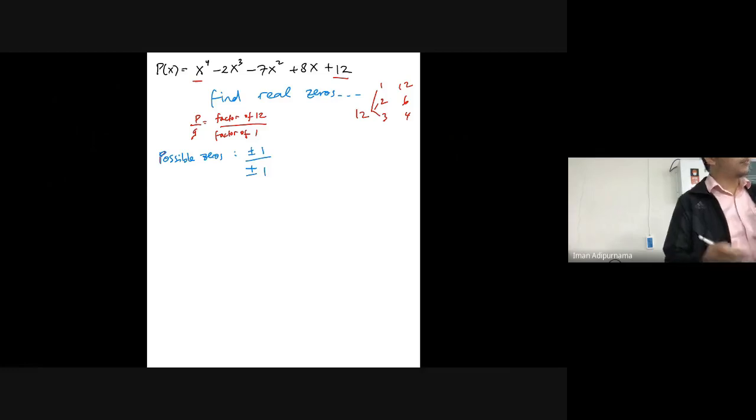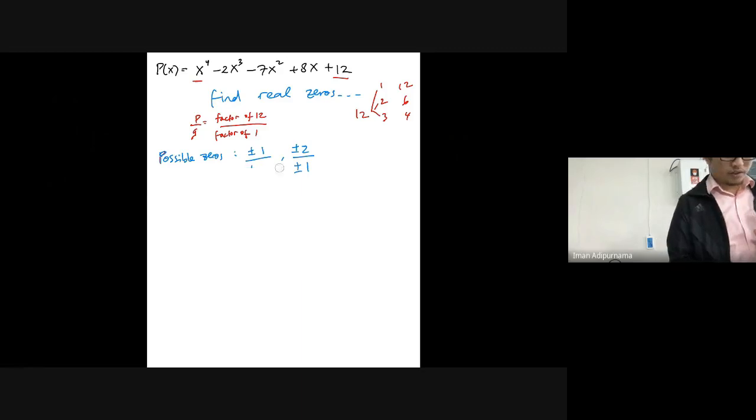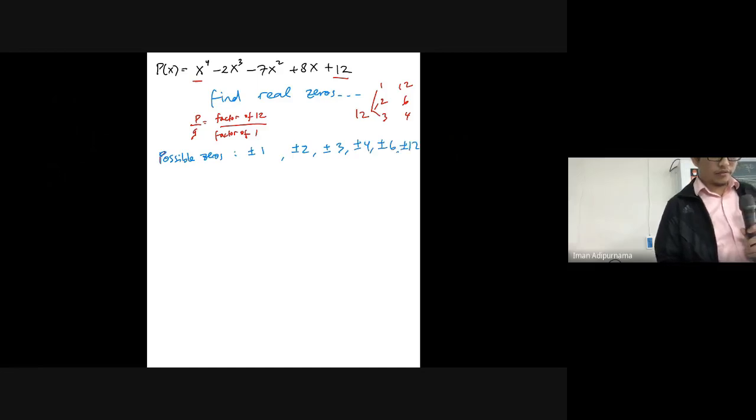It's P over Q. Remember, you need to divide by the Q. And then plus minus 2 over plus minus 1. But because it's all 1, let's just write the results directly: plus minus 3, 4, 6, and 12.